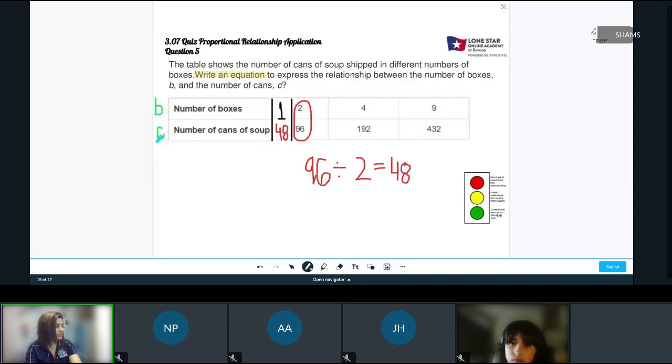The equation always starts with C or Y. This is like the Y, right? The equation starts with C equals, we figured out 48 was for each. So 48 times boxes, B. Right? They just use some different variables. We all need to know how to use them.